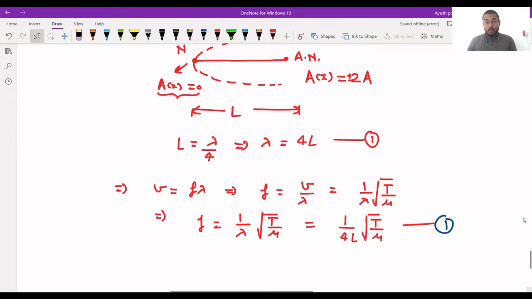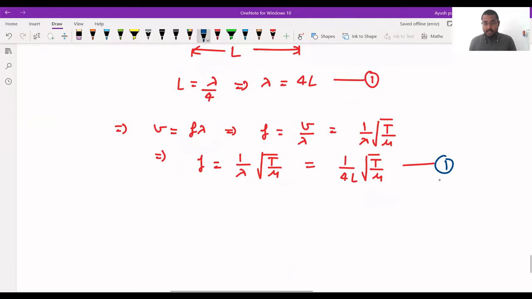Now, if the standing wave on the string is vibrating with this frequency, then we call it the fundamental frequency, because this is the minimum possible frequency with which a standing wave will be formed on the string if one end of the string is fixed and the other end is open.